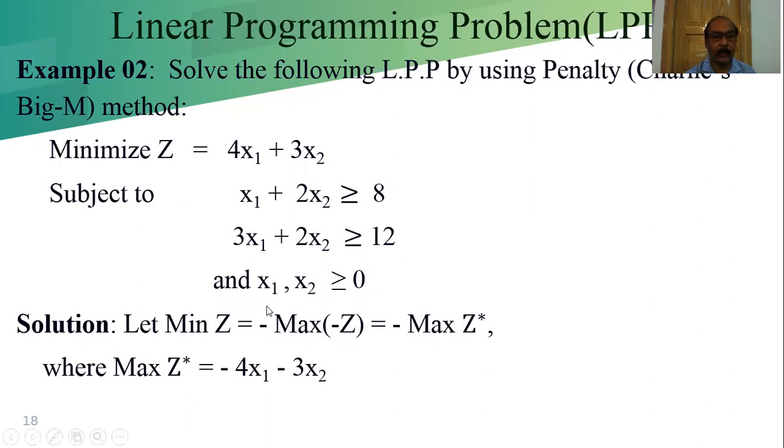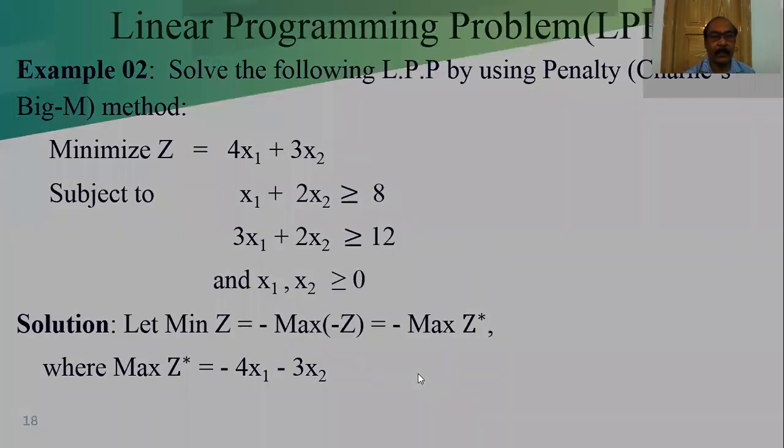So this part we write as max Z star. That means max Z star equals maximum of minus Z. So max Z star equals maximum of minus 4x1 minus 3x2.